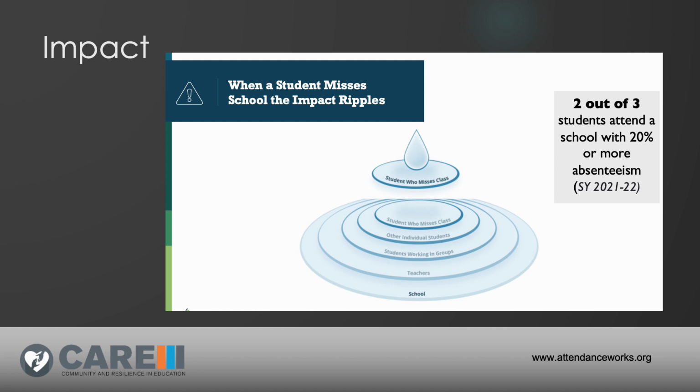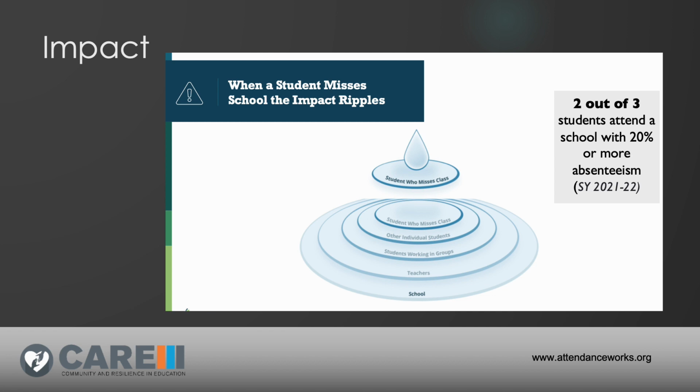So teachers have lost time explaining what was missed and reteaching. If absences are unexpected, it can cause a change in the need for the teacher's lesson. And just beyond the academics, the whole classroom environment and how the teacher manages the class.